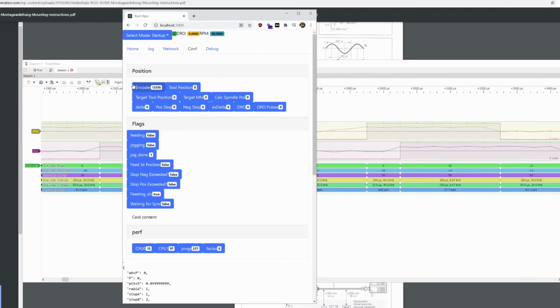And so one of the tests that I did, it's really hard to rotate one of these super sensitive encoders by hand, but I hooked it up to a stepper motor and I ran it for 1,000 revolutions, and I got a very small number of errors, less than 0.1%.